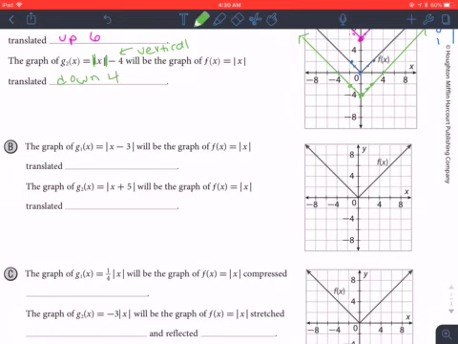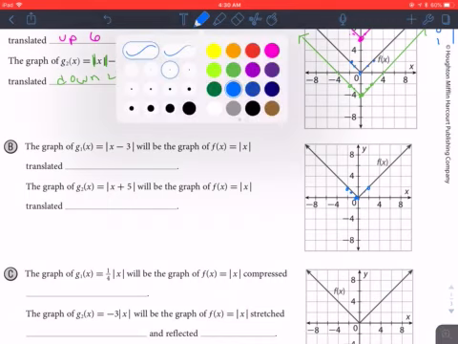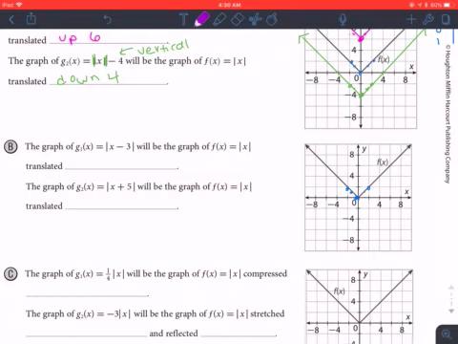Okay, for part B, again we're looking at our absolute value parent function. So we've got points at 0, 0, 1, 1, negative 1, negative 1, 2, 2, negative 2, 2. Alright, so on this first part, we've got g sub 1 of x equals absolute value of x minus 3.